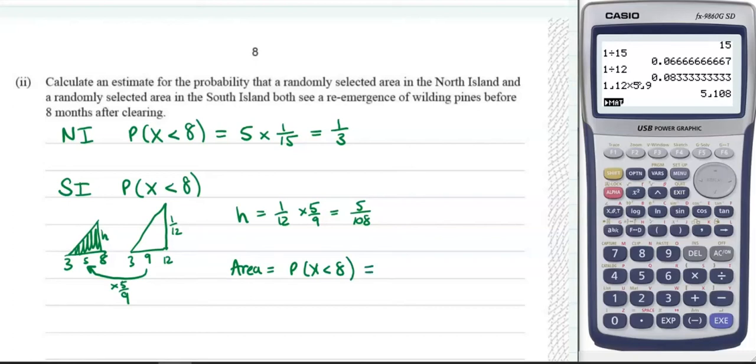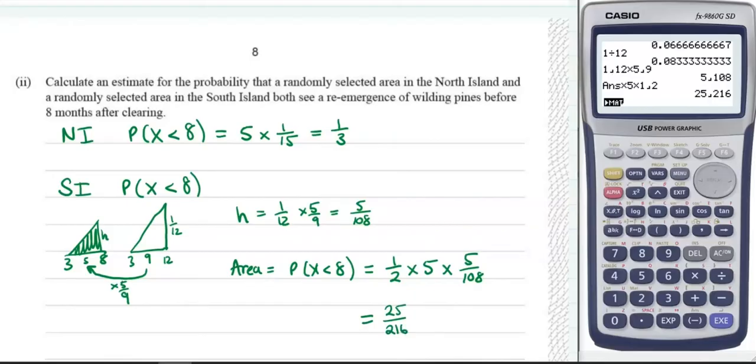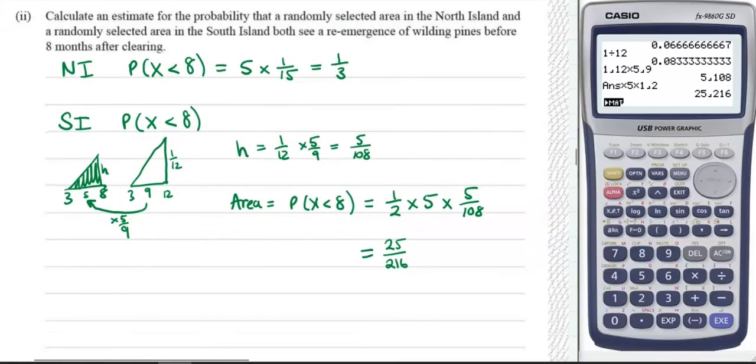So we have the area of that smaller triangle has a base of 5. We do half times the base of 5 times the height, which is 5 over 108. And that comes to 25 over 216. Now, make sure we finish the question. We want to calculate the probability of a randomly selected area in North Island and a randomly selected area in the South Island both see this re-emergence.